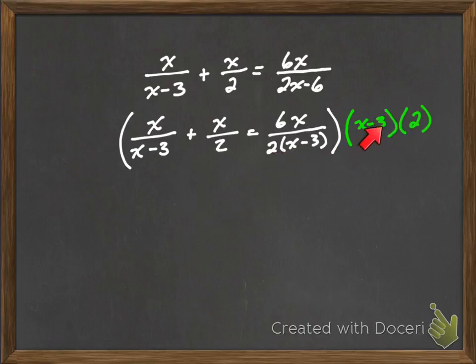Now when you multiply this by the first fraction, the x minus 3's will cancel. What that will leave you with then is just this 2 multiplied by this x. So we're going to get a 2x right here. Now in the second fraction, this 2 is going to cancel with this 2 over here, leaving you with x minus 3 multiplied by this x.